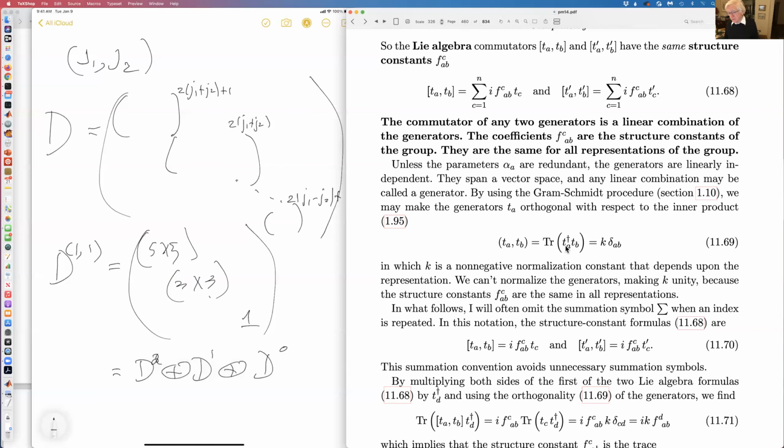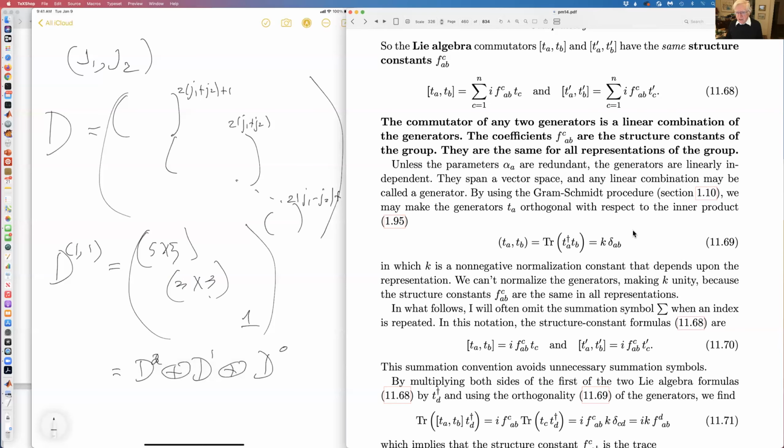If these T's are Hermitian, then this is just T_A T_B. In any case, we can make them orthogonal. And so then we have some K, which is non-negative because this is intrinsically positive when A equals B. And so this is K delta_AB.